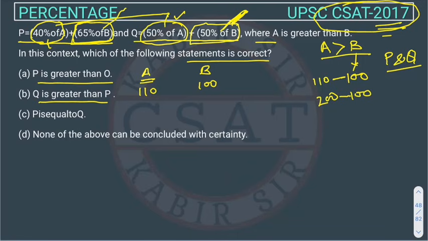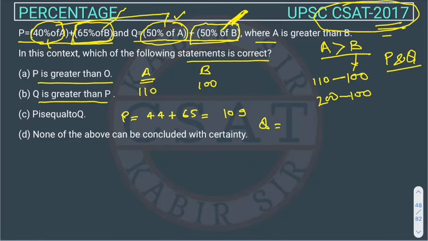What P value will we get from this? P will be 40% of A. The 40% of 110 will be 44, plus 65% of B, which will be 65. So the total will be 109. And what will be the value of Q?